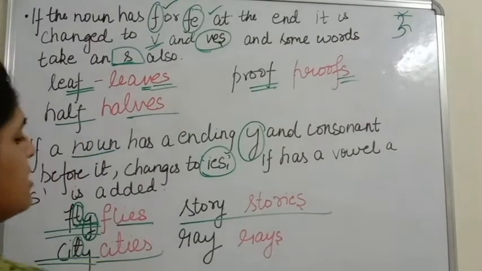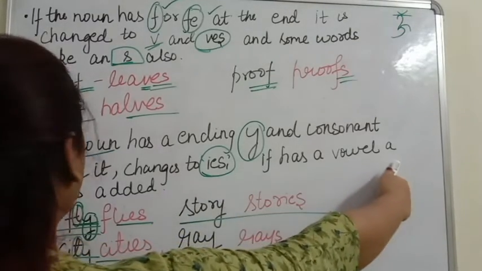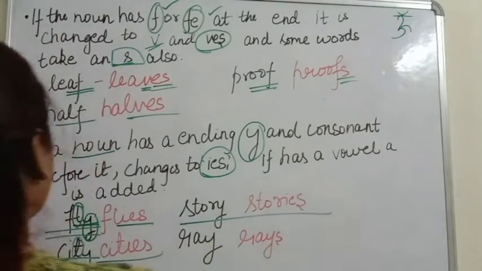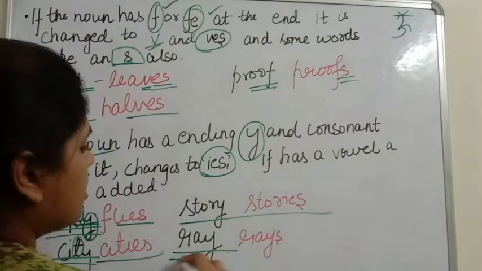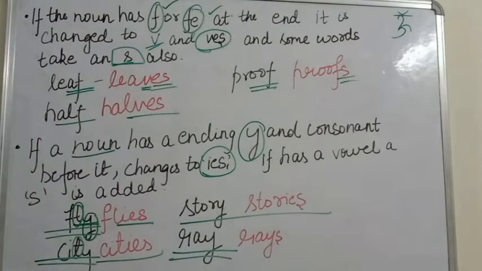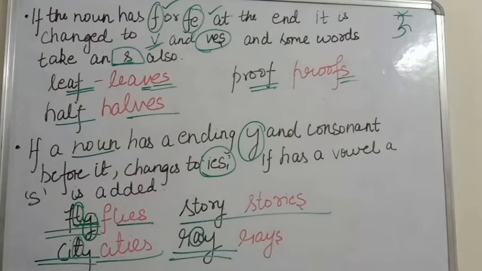Similarly with this, if it has a vowel, S is added. Means the same word ends with Y and has a vowel before it, then only S is added.